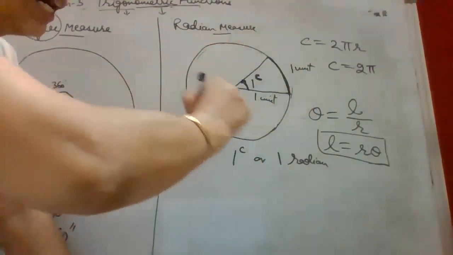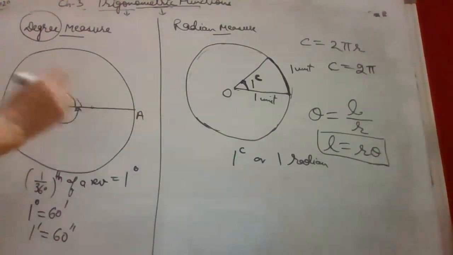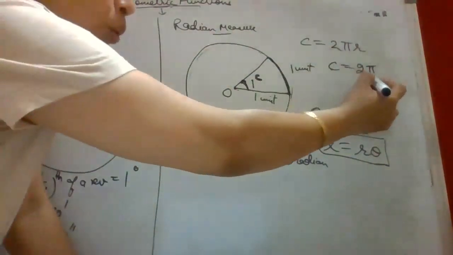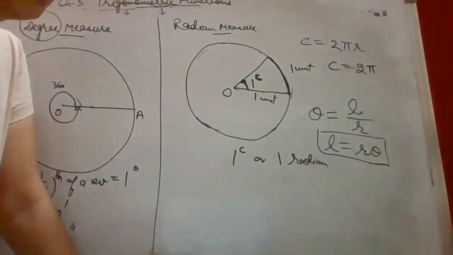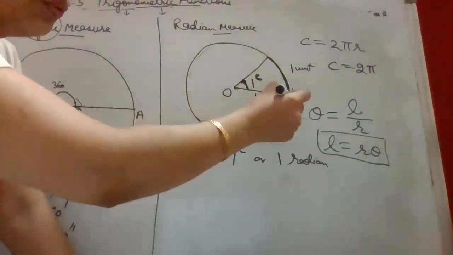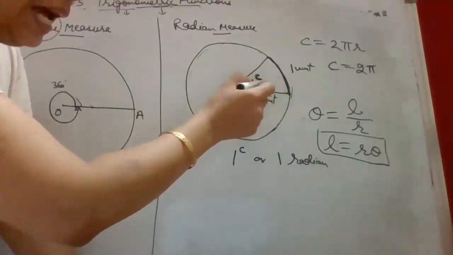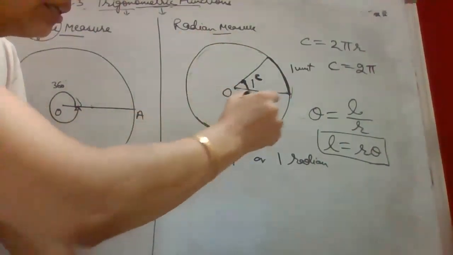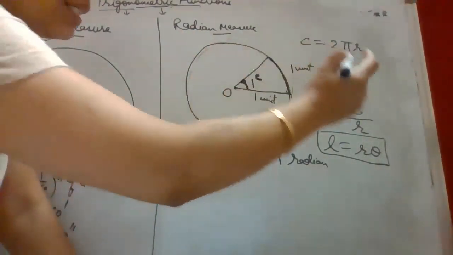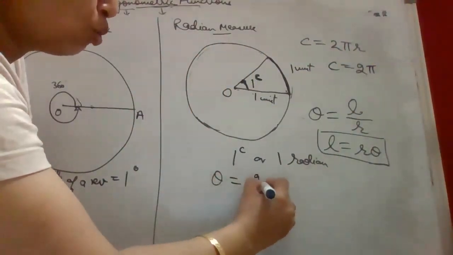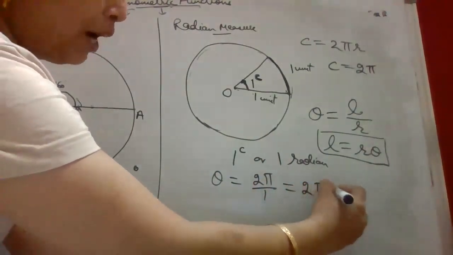The angle subtended at the center by 1 unit length is 1 radian when a unit circle is there. The angle subtended at the center by the complete length, the circumference, which is 2 pi, will be 2 pi upon 1 unit radius, that is 2 pi radian.